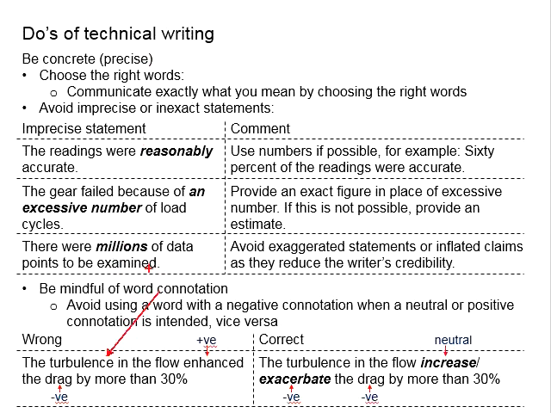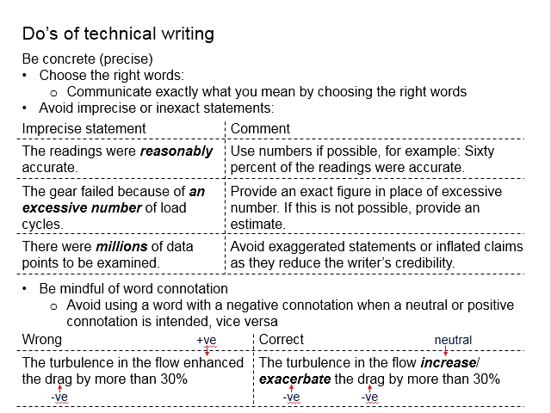Taking this as an example, the turbulence in the flow enhanced the drag by more than 30%. You know that drag is actually like slowing down, which is negative in connotation by nature. But the term here, "enhance", is more towards the positive side. That means there is a contradiction between the positive and negative connotations, which may lead to confusion for the readers.